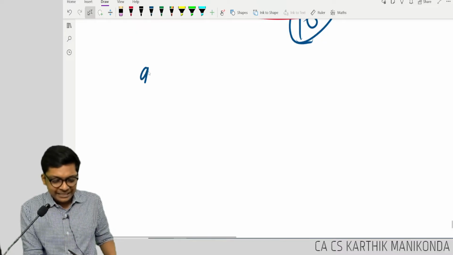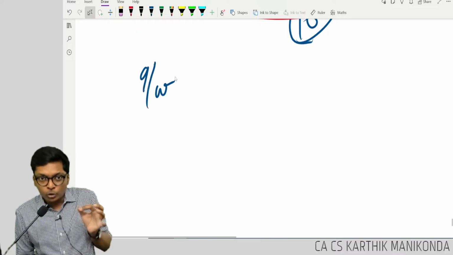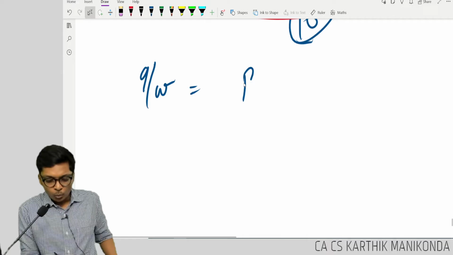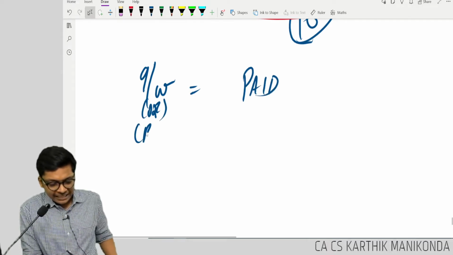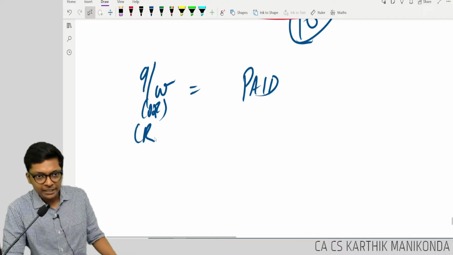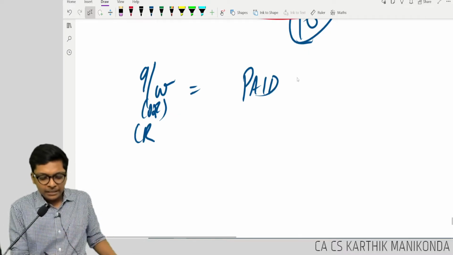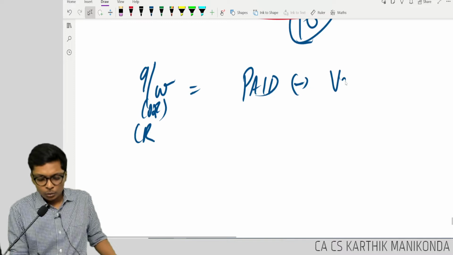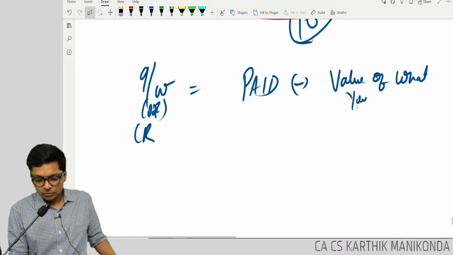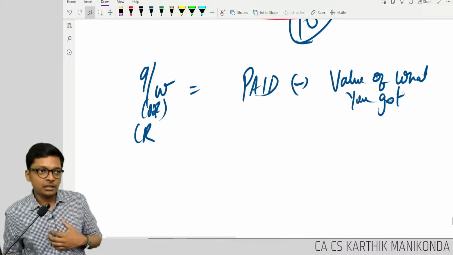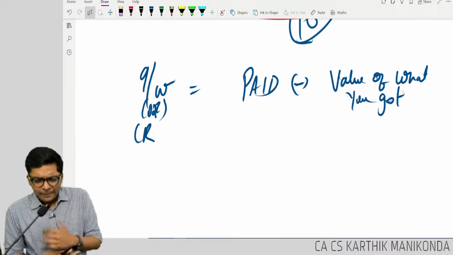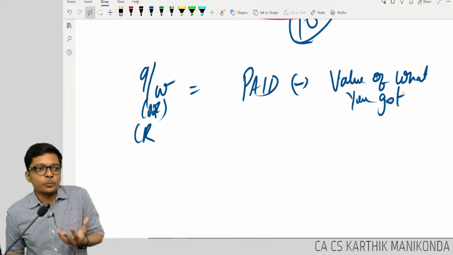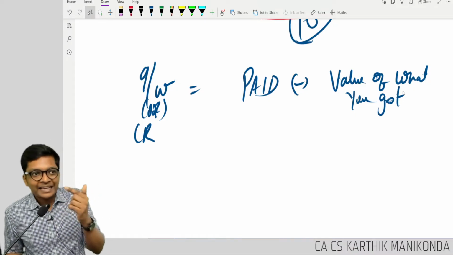So now, how I computed goodwill or capital reserve is what I paid versus the value of what I got. I paid 5 lakhs for Dhoni's bat, but the value of what I got is only 10,000 rupees. So goodwill is 4 lakh 90.